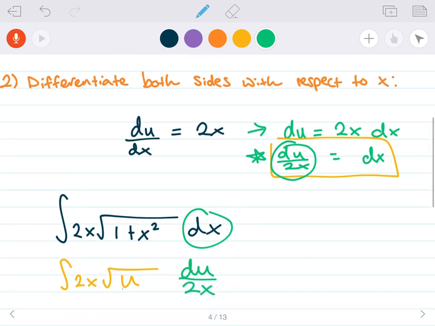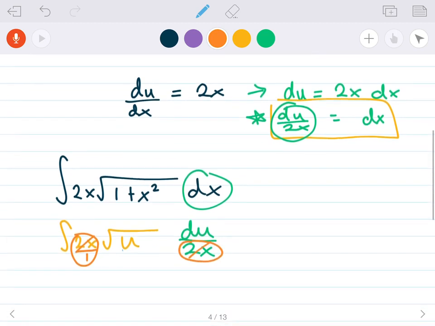And so now what happens is some magic, right? Because look, I have 2x over 1 right here, and then I have a 2x in the denominator here, and these are going to cancel out, and I'm just left with the square root of u du. And now I'm in one variable, and this is a very simple function to integrate, right?